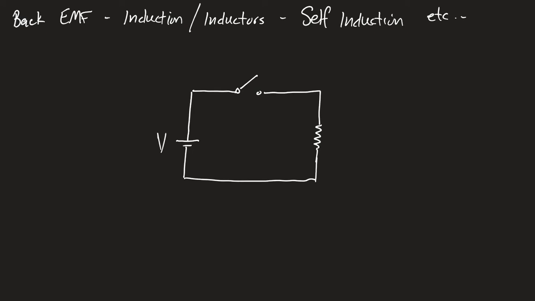So it's V. And I have a resistor here. You guys are well aware that if I close this switch, there will be a current developed based on Ohm's law, and that current will travel this way through the circuit.